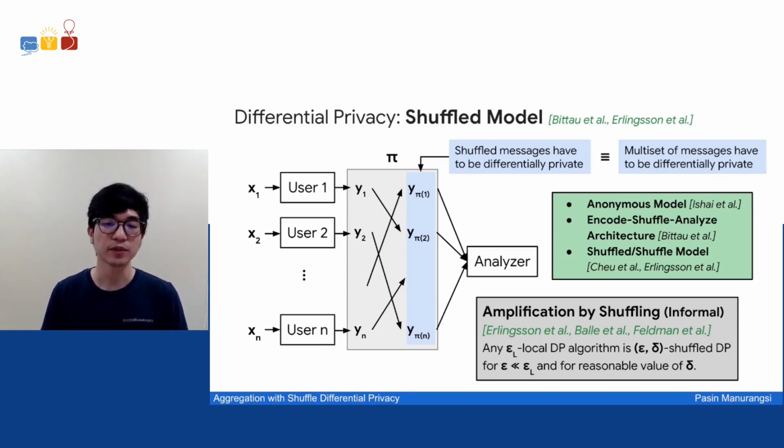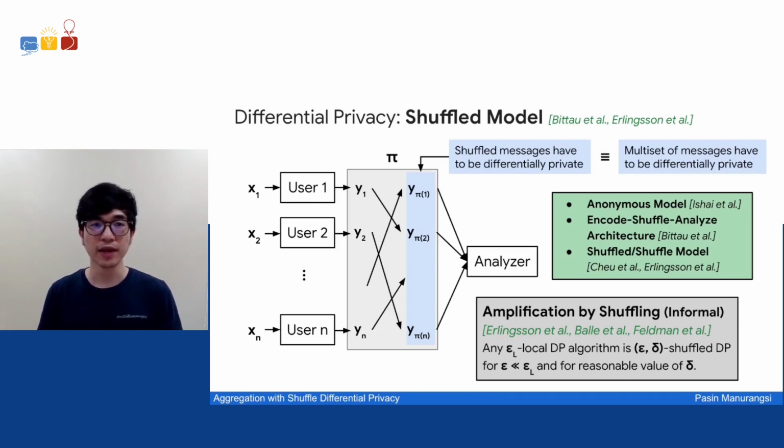In other words, if you take some epsilon_L local DP algorithm and run it in the shuffle model, you get (epsilon, delta)-DP in the shuffle model, where epsilon is much smaller than the original epsilon_L, if you select delta to be some reasonable value. This theorem was originally proved by Erlingsson, and multiple versions of the theorem are now known with a better quantitative relation between epsilon and the original epsilon_L.